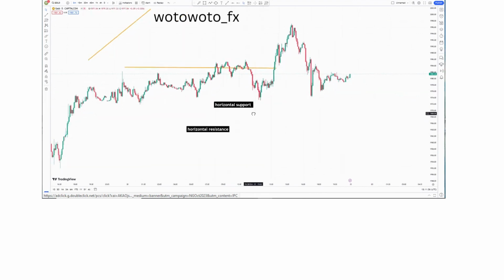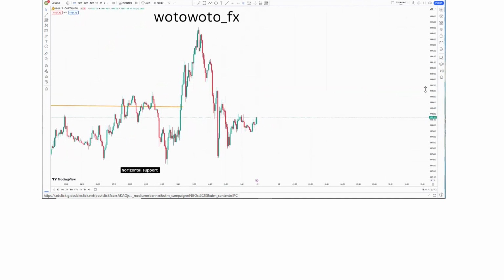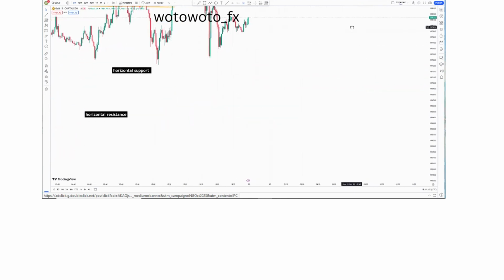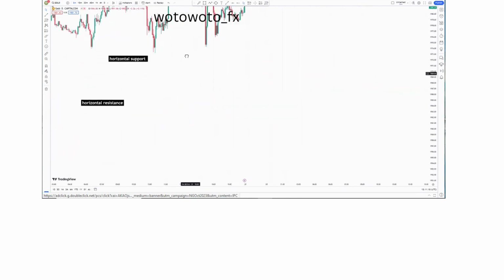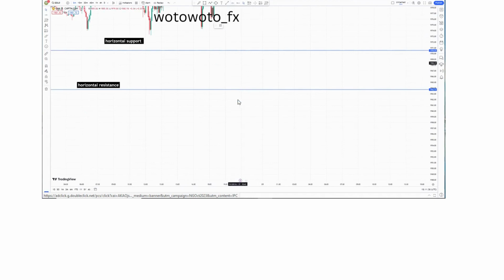So first, I would want to teach you guys what is support and also what is resistance. First of all, I would have to draw this line so that you guys can easily spot horizontal support levels and horizontal resistance levels.